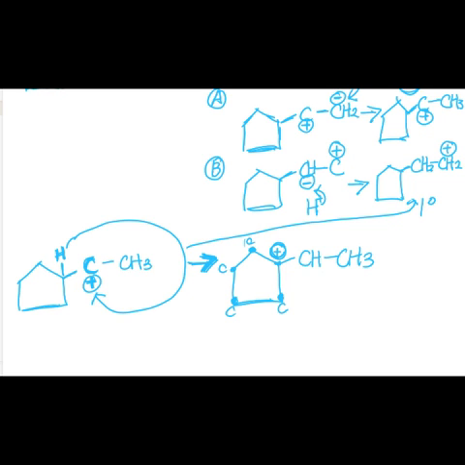That's what I meant by, if the carbocation can change itself to become more stable, it will. The system will allow it to do it, or the system wants it to do it, right? Because it is more stable, it requires less energy. So this is one very good example to show you that this could happen.